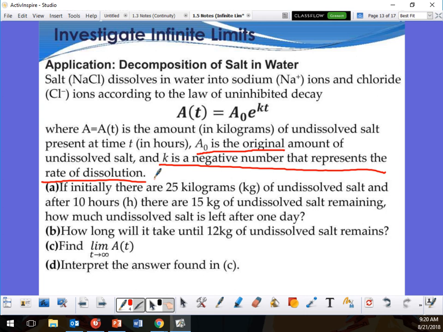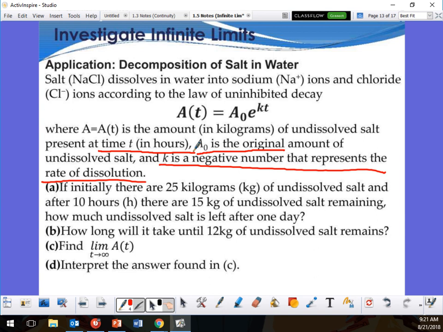After 10 hours, and don't forget time is in hours, so make sure your units match, there are 15 kilograms of undissolved salt remaining. How much undissolved salt is left after 1 day?